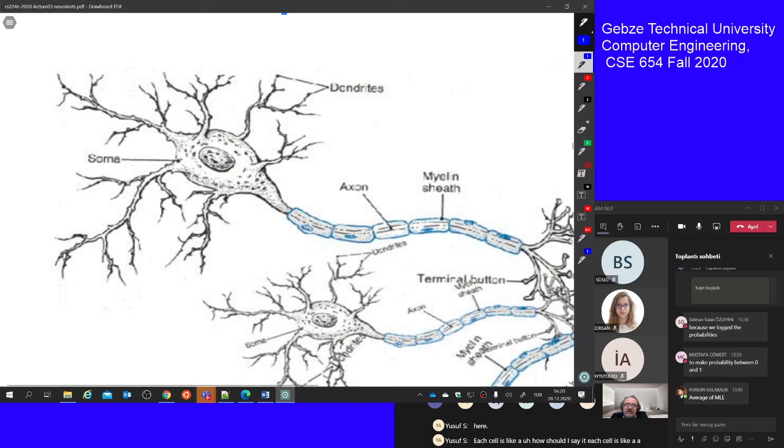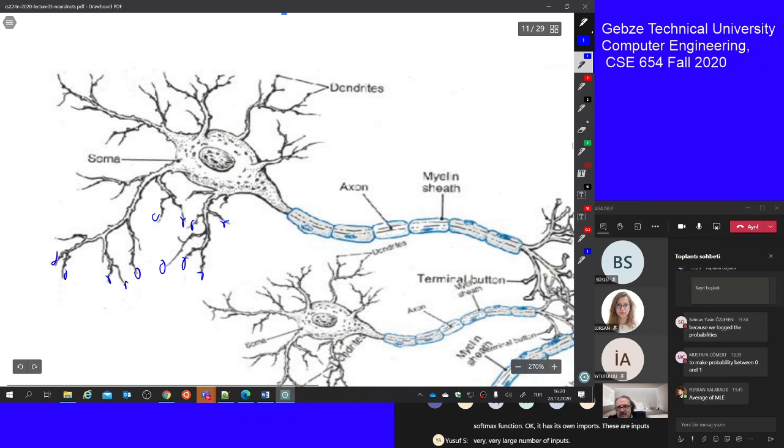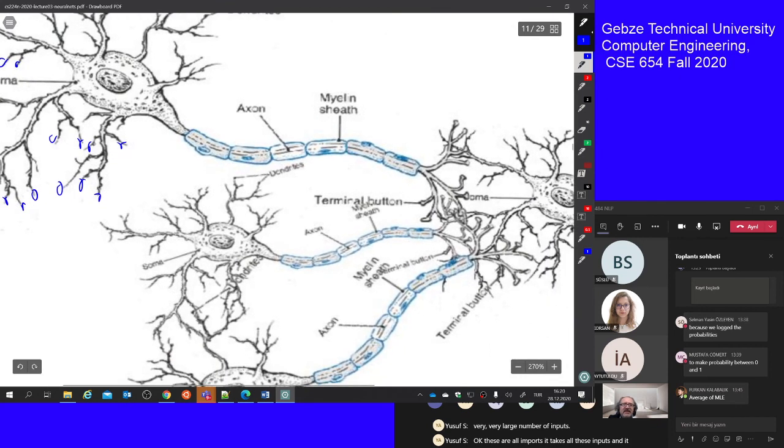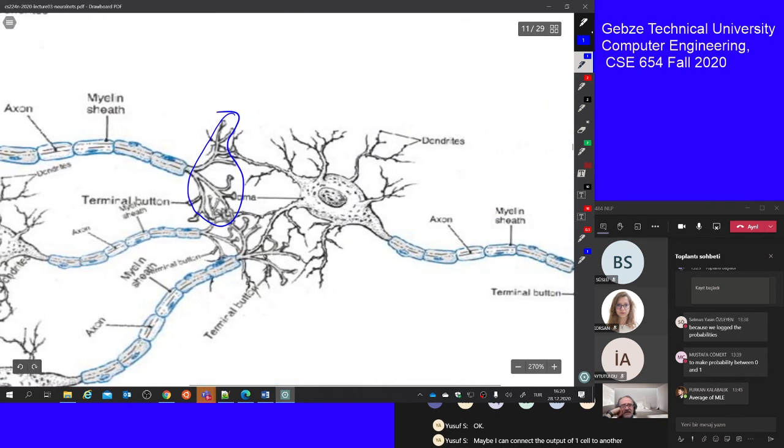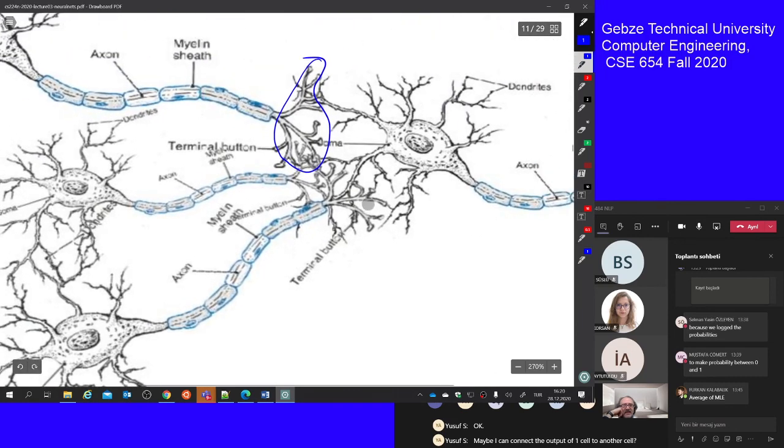softmax function. Okay, it has its own inputs. These are inputs, a very, very large number of inputs. It takes all these inputs and does something on them, and then it produces an output here. Maybe I can connect the output of one cell to another cell, and continue this way.